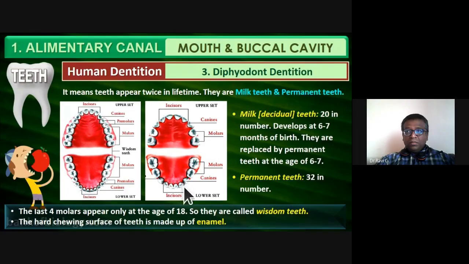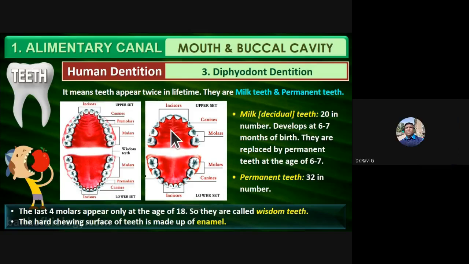So you have to multiply 2102 by 4. Incisors are 2 into 4, that is 8. Canines 1 into 4 is 4, premolars 0 into 4 is 0, so there are no premolars at all in the milk set, and molars are 2 into 4, which is 8.